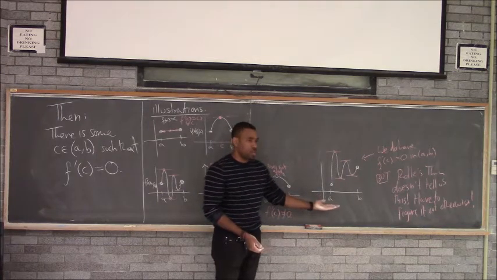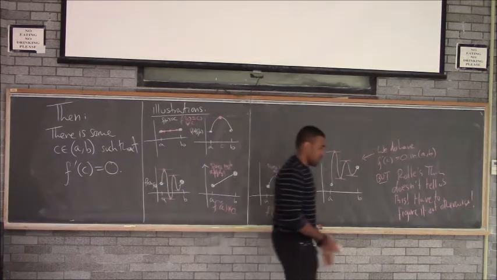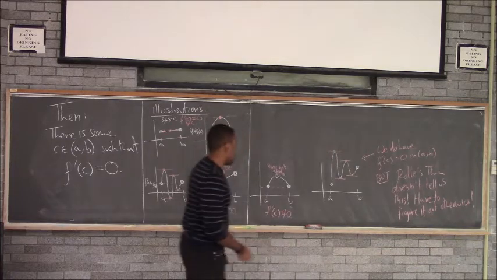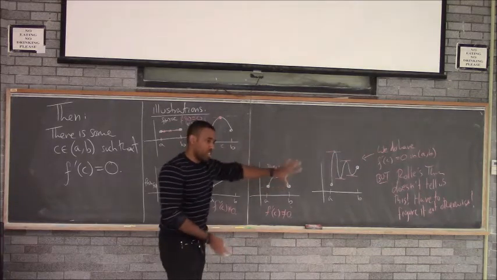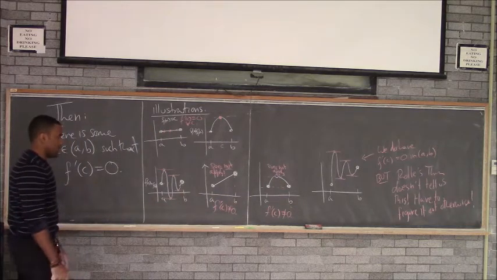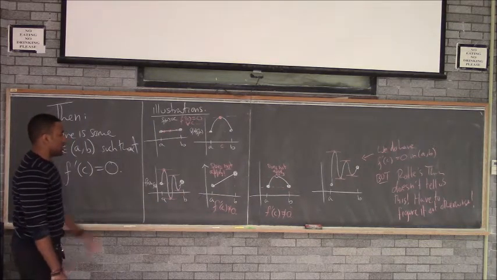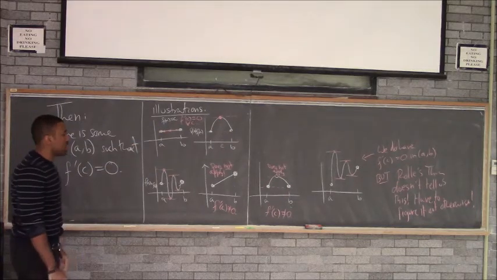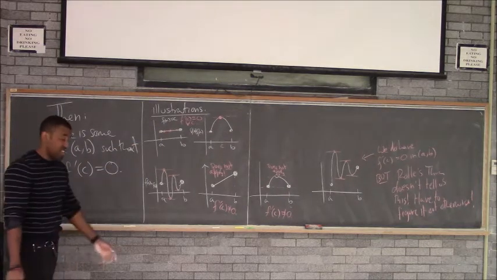It's a blind spot in Rolle's theorem. So if the conditions aren't fulfilled, you have to check all points specifically yourself. You have to just go through the work and do it. But in certain cases, you can know it's going to be there without having to actually work for it.